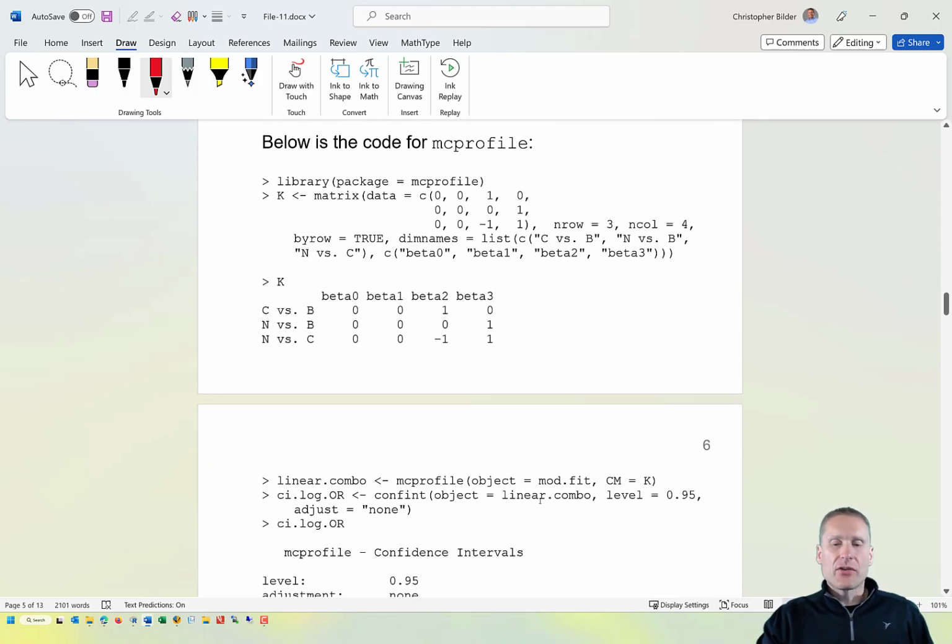This is the K matrix that we want corresponding to control to find all three estimated odds ratios and all three corresponding confidence intervals. In this matrix, let's say I want to compare C to B. Notice how I have the columns nicely labeled. Eventually this will allow me to take the exponential function evaluated at beta 2 to find the confidence interval when I want to compare C to B.